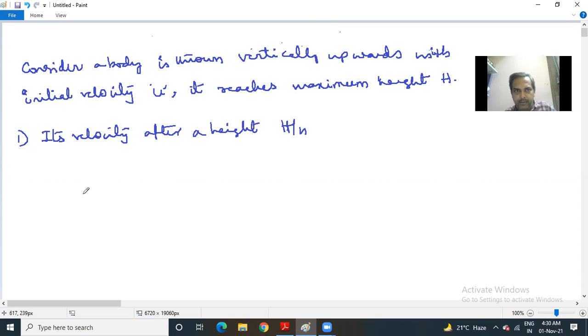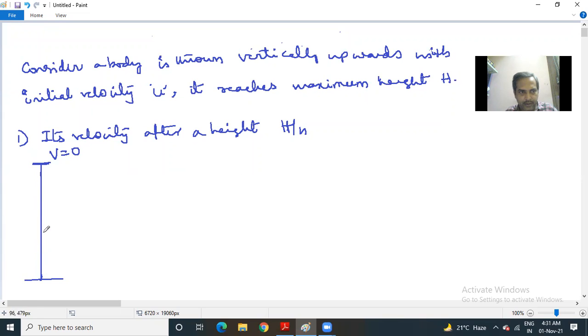So let me help you understand with the help of a diagram. Body thrown vertically upwards. So this is the ground. It finally reaches maximum height, where final velocity is 0. Our interest is not here.